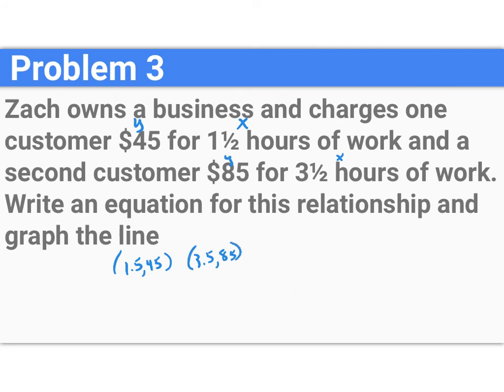So now 85 minus 45 over 3.5 minus 1.5 gives us 40 over 2, which gives us 20 as a slope.